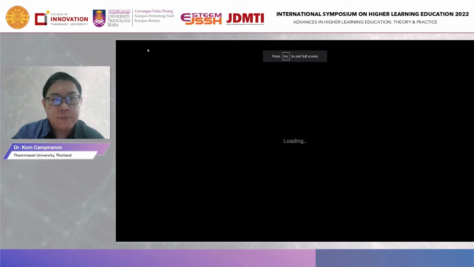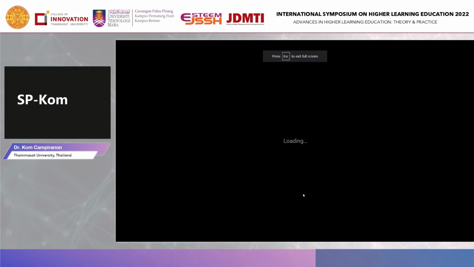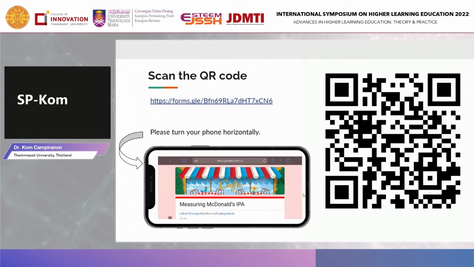Either way. Okay, so I'm going to give you a minute to scan this QR code, or you can click the link that I sent in the chat.